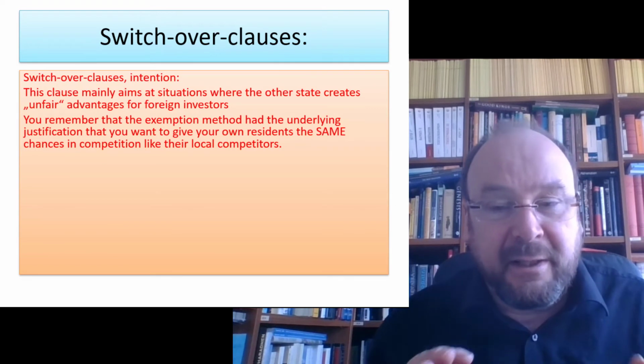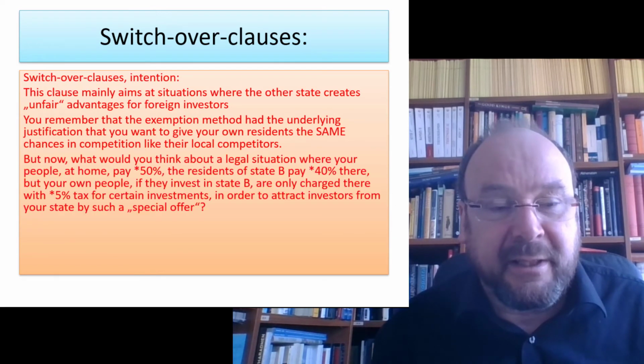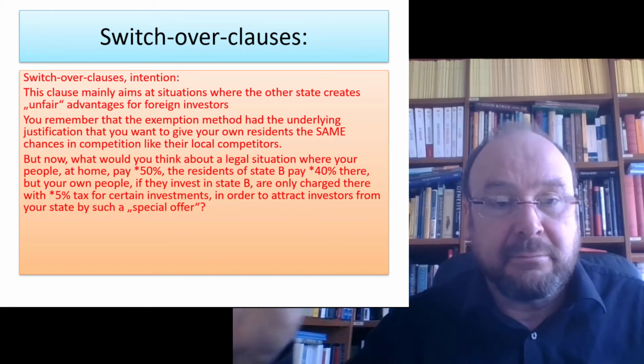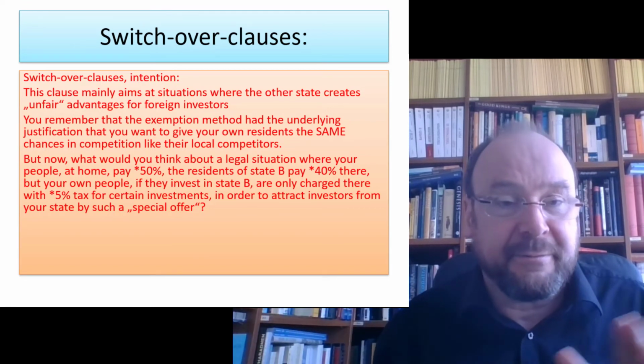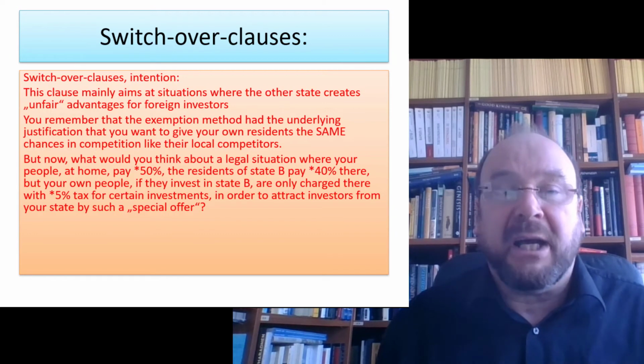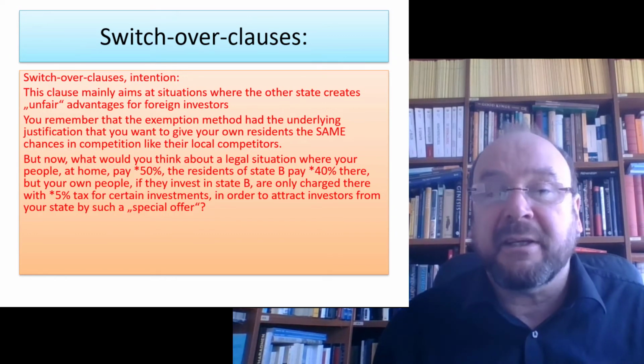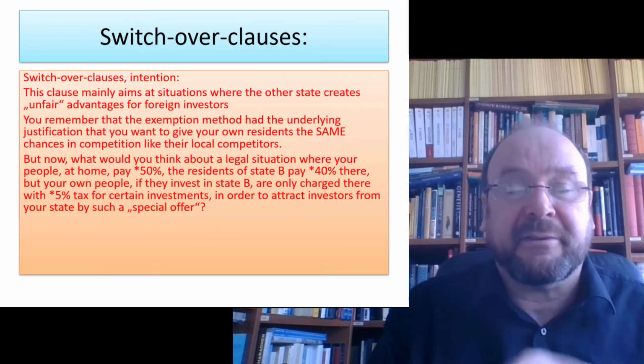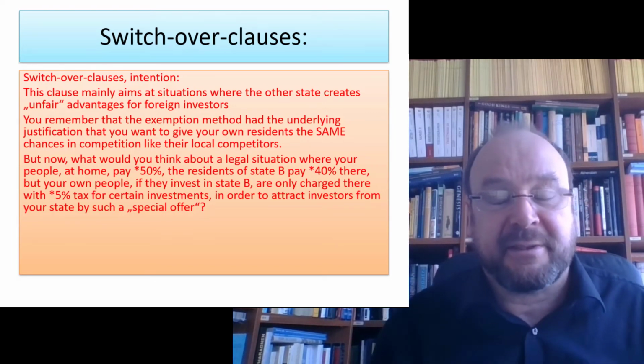That was the idea. Now you would violate that idea if a foreign state says, okay, the Germans pay at home 50%. You know that's a fictitious rate, by the way. My people pay 40%, but now I make a special legislation that people from Germany who invest in my country are charged only with 5% tax.